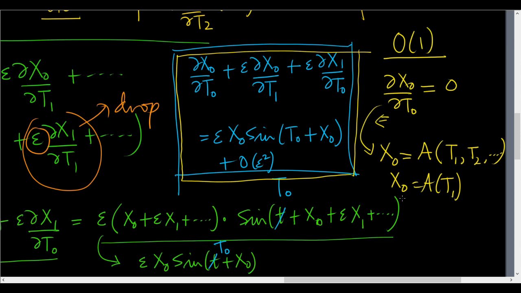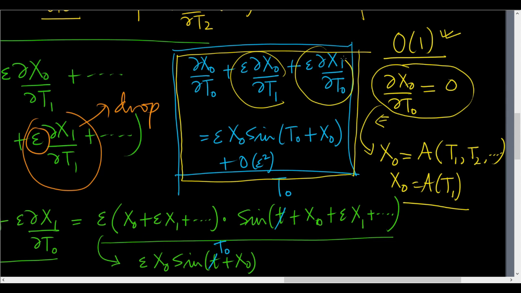So x0 is an arbitrary function of t1. It can be anything, sine of t1, cos of t1, whatever it may be. All we know is that it does not depend on t0. Okay, that is what we have got from order 1. Very good. At order epsilon we have this, this, and this.